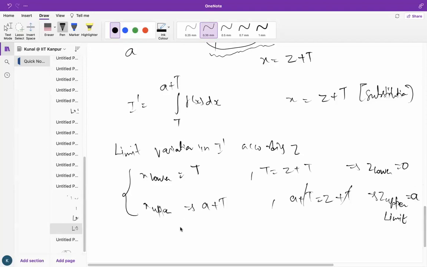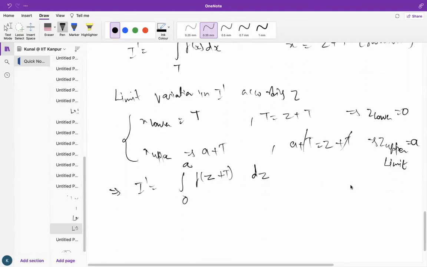I hope you all understand what I'm trying to say. So I dash, rewriting our integrand, is integrating from 0 to a, f of z plus t dz. And we know that the function is periodic, so it is equal to f of z dz, right?